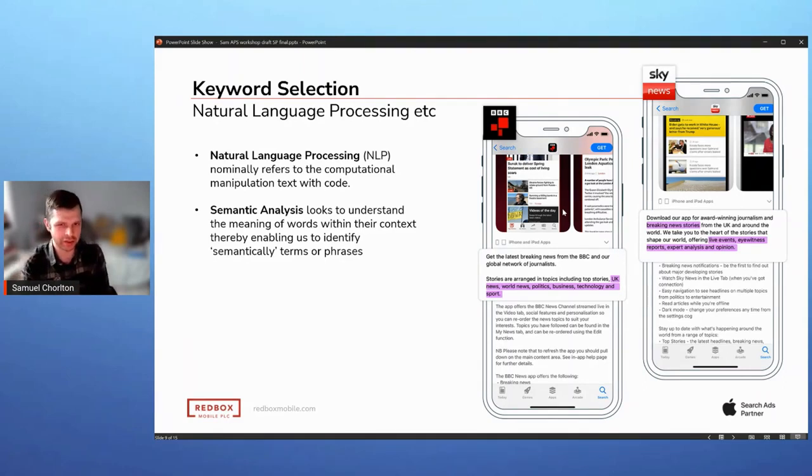Natural language processing is an arm of machine learning, depending on how much of a purist you want to be. Nominally it refers to computational manipulation of text with code. So how can we make sense of text using programmatic approaches? There are loads and loads of different parts of natural language processing.